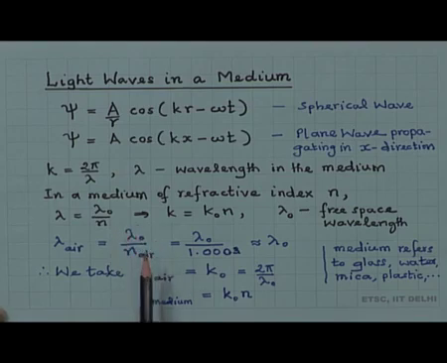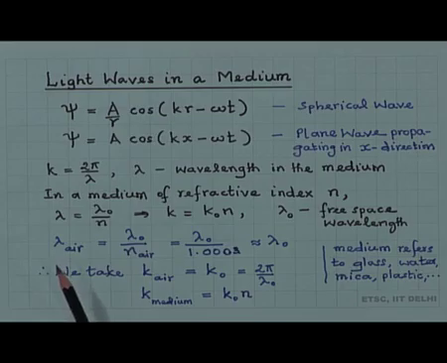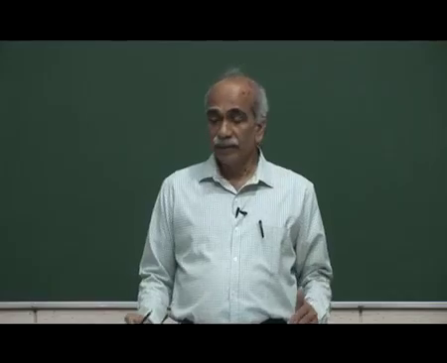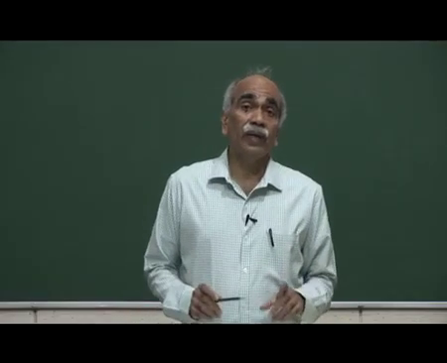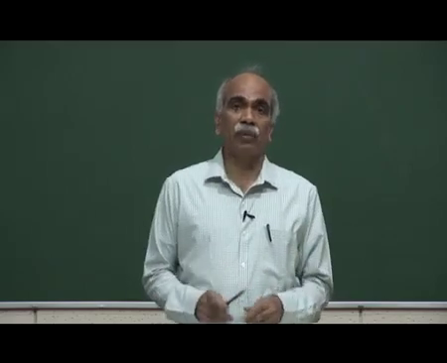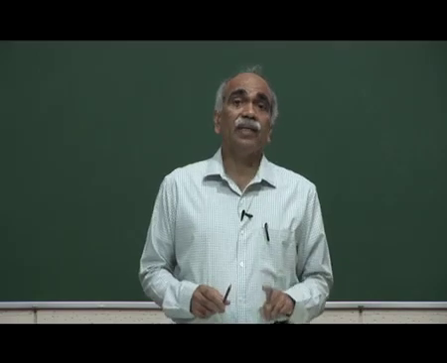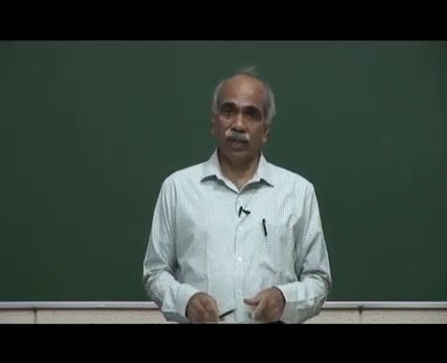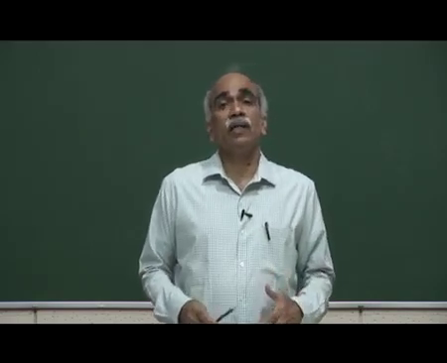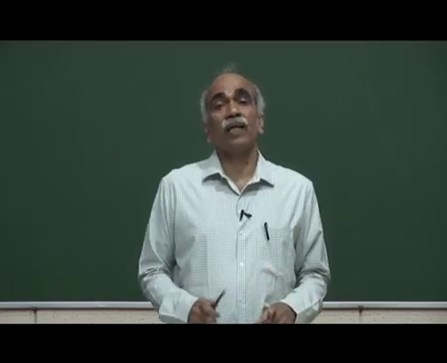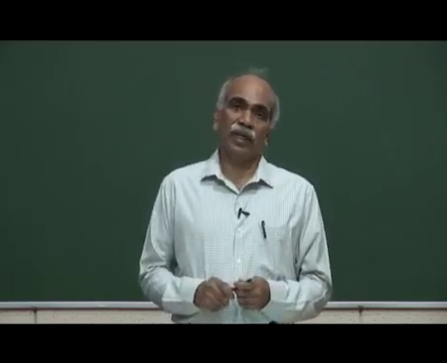Normally, when we specify that a source is of wavelength 600 nanometer or 500 nanometer, we refer to the wavelength in free space, that is lambda 0. Whenever the wavelength of a source is specified, it is in free space, or it is lambda 0. Therefore, if light is entering a medium, then the corresponding lambda and the corresponding phase constant k equal to 2 pi by lambda have to be taken into account.